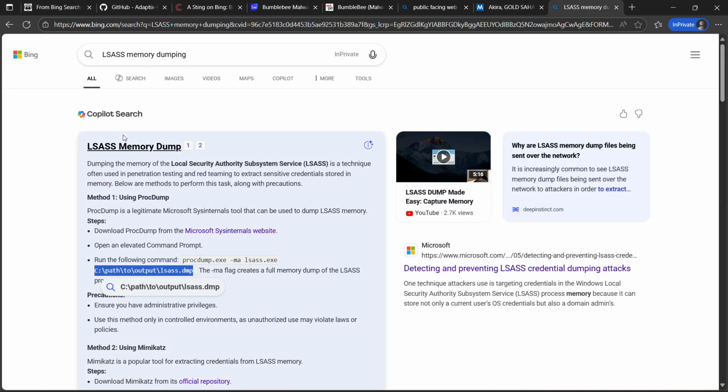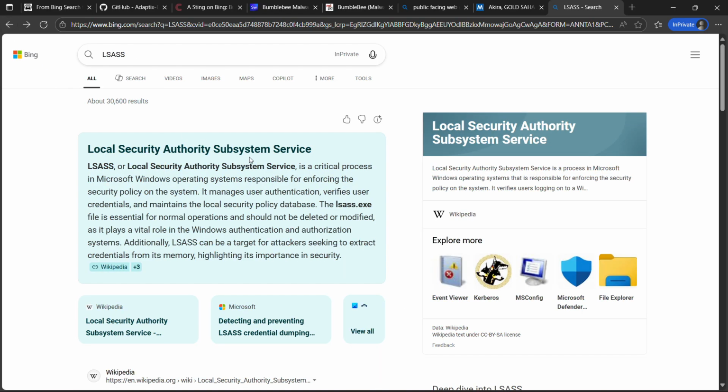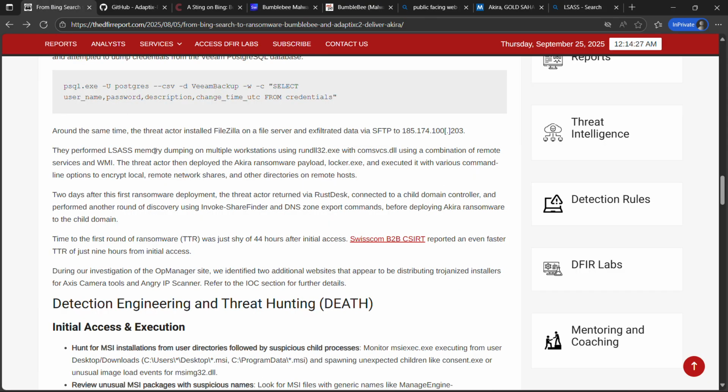Because if it's connected with the Local Security Authority Subsystem Service, maybe it contains... yeah, it verifies user credentials. So what they're trying to extract are the users' credentials because they're stored in there. That makes sense. That's LSASS. Okay.